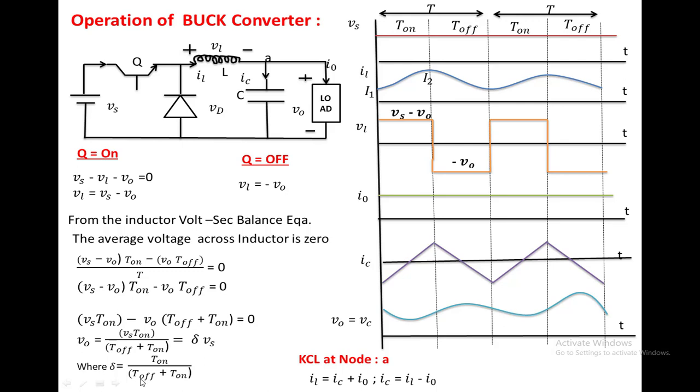So the duty cycle of the switch is defined as the on time of the switch divided by the total time period of the switch. Variation of the output voltage versus duty cycle. We know the expression for the output voltage, V naught equal to delta into Vs. The delta we can change from 0 to 1.